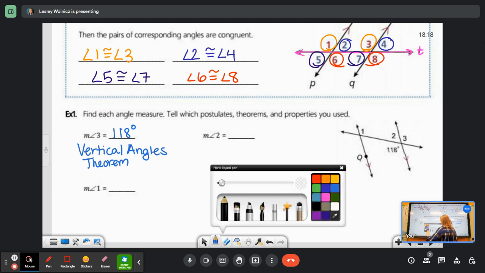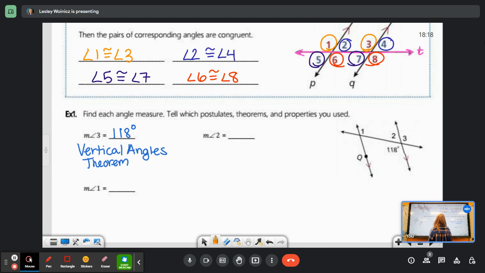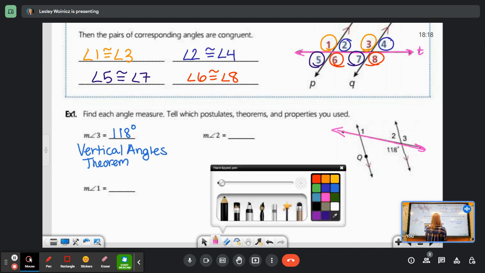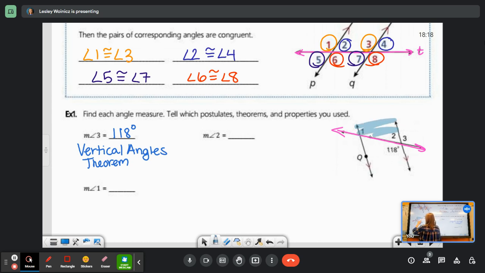Okay, now we want angle 1, measure of angle 1. Look at this. Okay, there's my hot pink transversal. Here's the interior of my parallel lines. Notice that angle 1 and the 118 degree angle are on alternate sides of my transversal, but they are both in the interior.